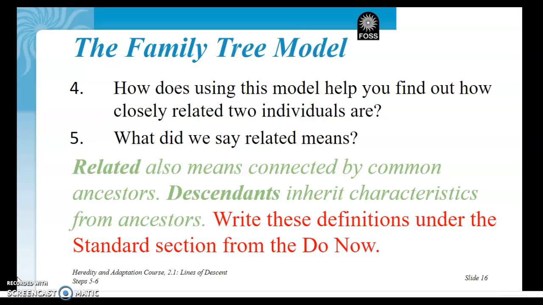Now, descendants inherit characteristics from ancestors. So now that we know the exact definition of the 4 terms we talked about: common ancestor, most recent common ancestor, related, and descendants, go ahead and fill out your definition sheet as your exit ticket.